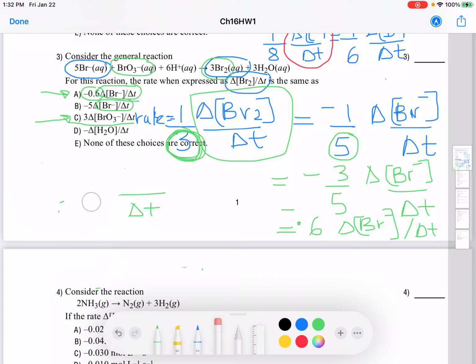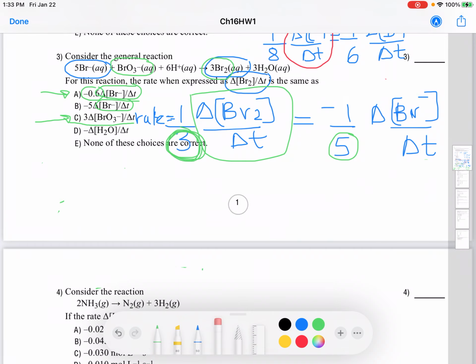Now let's look at the last one. Why is that not the correct answer? Again, 1 over 3 delta Br2 over delta T equals, with respect to water, where is the water? It is one of the products, so it's positive.